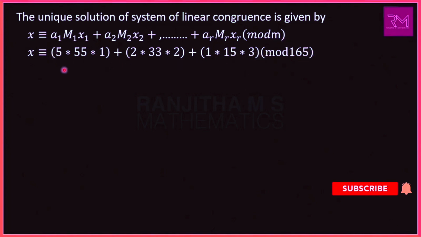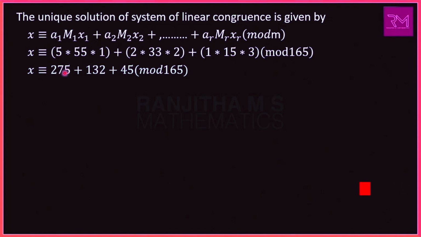So simplifying all these values, we get x is congruent to 275 plus 132 plus 45 under mod 165. If we add all these values, we get x is congruent to 452 under mod 165. So we get a bigger value. To reduce this to a lower value, we have to divide 452 by 165.